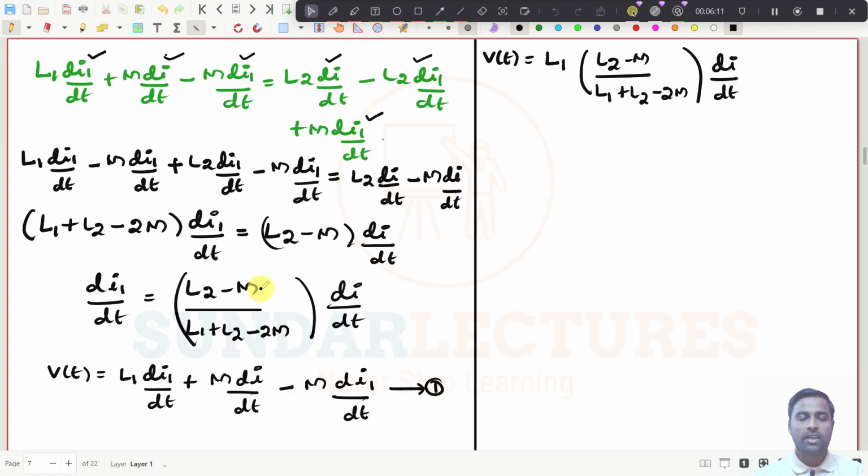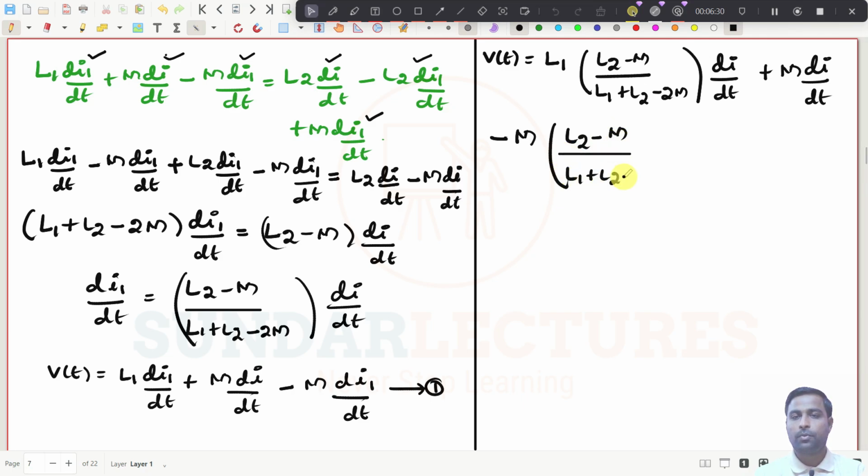That is for the first term, and plus this term is already di by dt. So I don't need to do anything. Then I have to put minus M here, di1 by dt, right? So this one will be L2 minus M divided by L1 plus L2 minus 2M into di by dt simply.